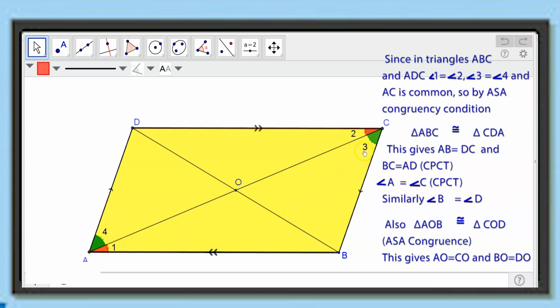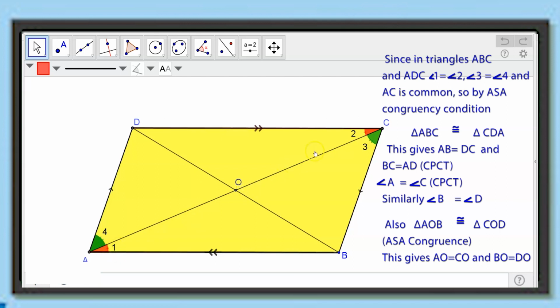Similarly, your angle 3 will become equal to angle 4. Here you have to consider AD is parallel to BC, and now when AC becomes the transversal, your angle 4 and angle 3 will again become the alternate interior angles, and hence they become equal. Now coming back to the triangles ABC and CDA. What have we already seen?